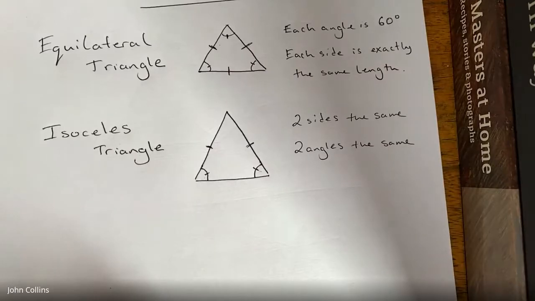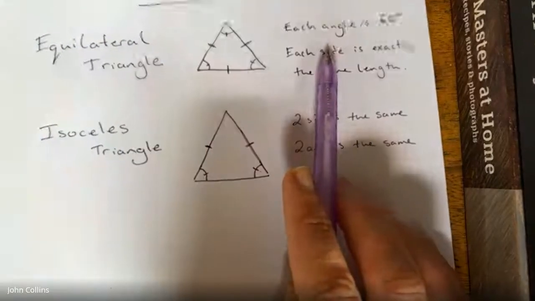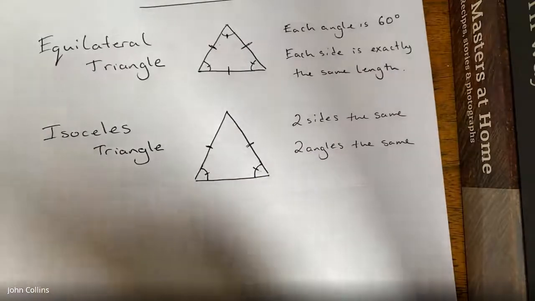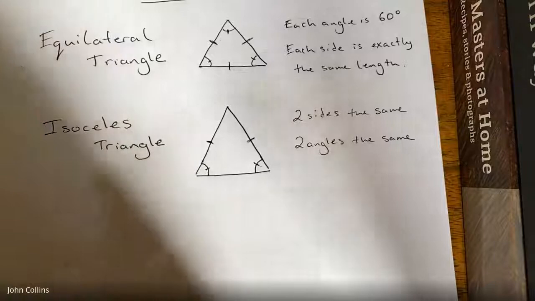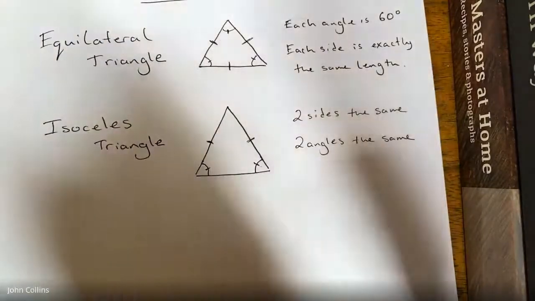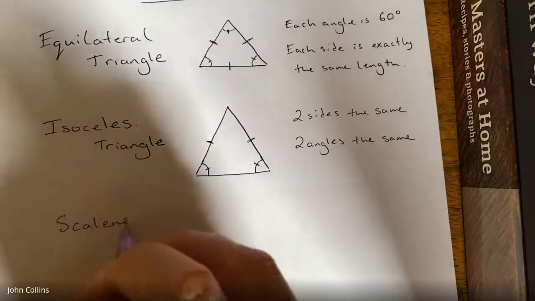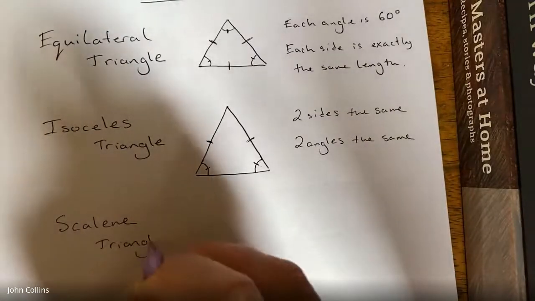All right, so what's next then? If we've 3 sides the same length here, 2 sides the same length here, I think the next logical step is to do when none of the sides are the same length, or they're all different. Perhaps, Charlie, the next logical step may have been a right angle, but I'm going to go scalene next, and this is the correct spelling of scalene. Scalene triangle next.